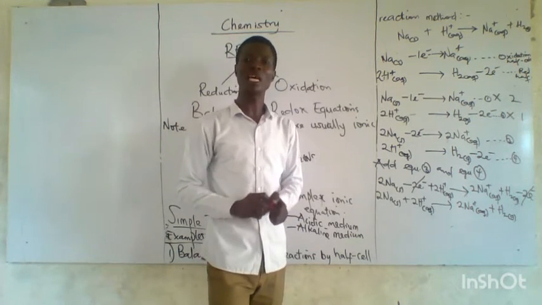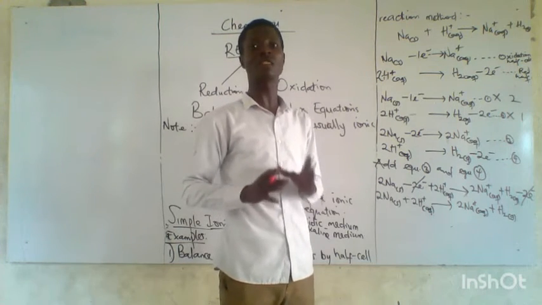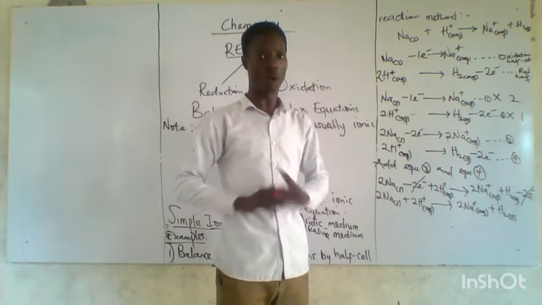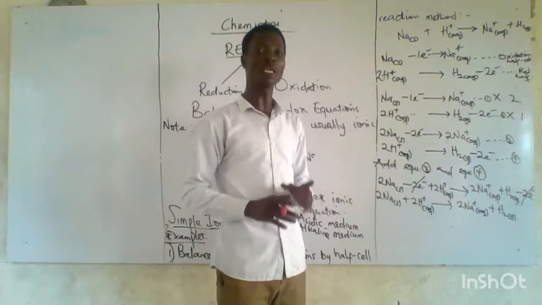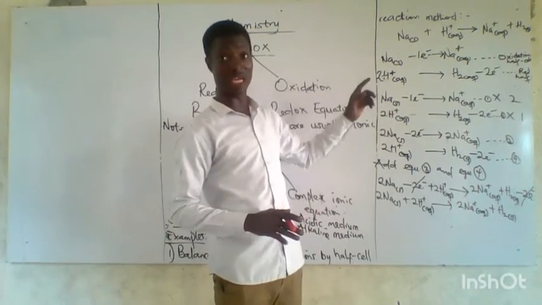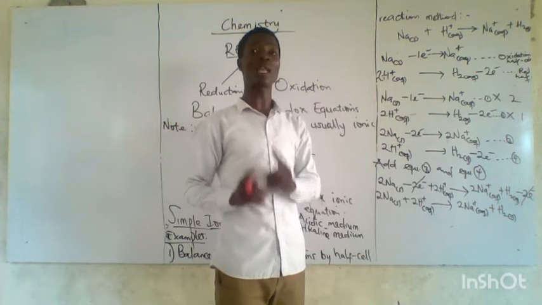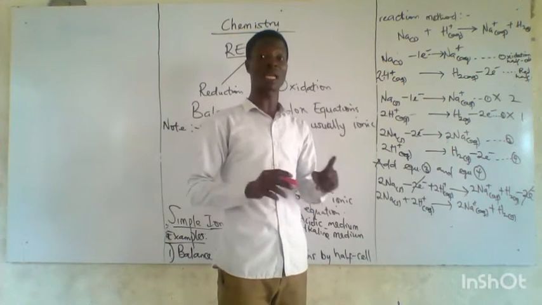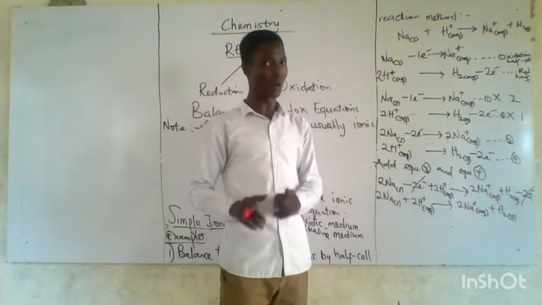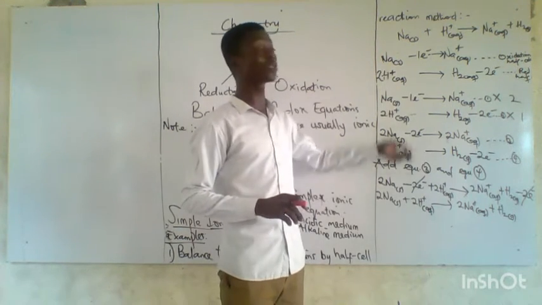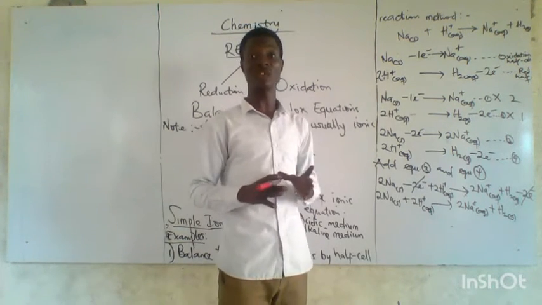If it is balanced atomically and it is not balanced ionically, you are wrong. So probably you check through again and see where the fault is coming from. If it's balanced ionically without being balanced atomically, it is still wrong. You have to check your solids again and correct that if need be.